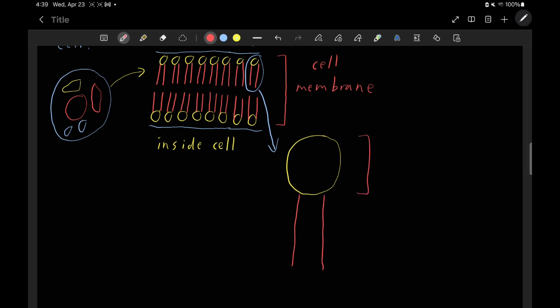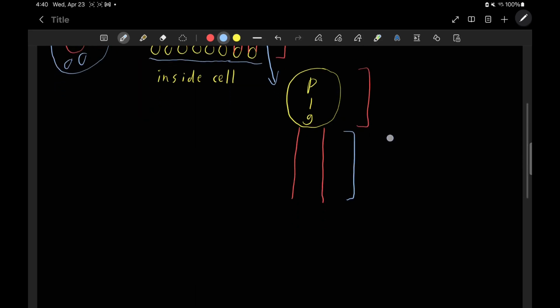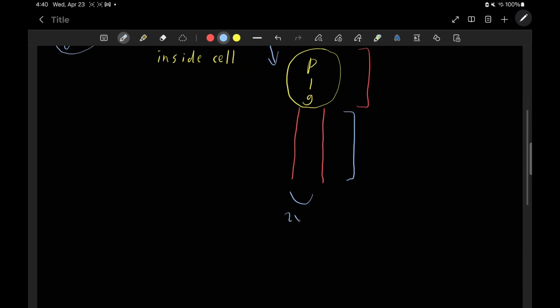This is the head, which has a phosphate group bound to a glycerol. The phosphate group is where it gets the name phospho. And it gets the name lipid because this bottom half, here you have two fatty acid chains.